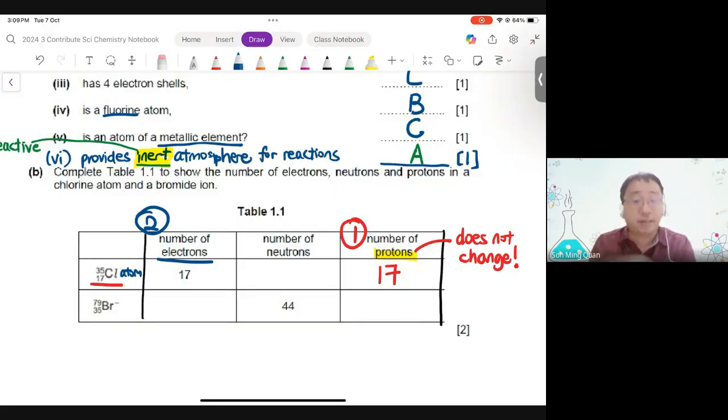So the Cl atom. Because it's an atom, what can you say? P equals E. 17 protons, 17 electrons. And finally, the number of neutrons, 35 minus 17.